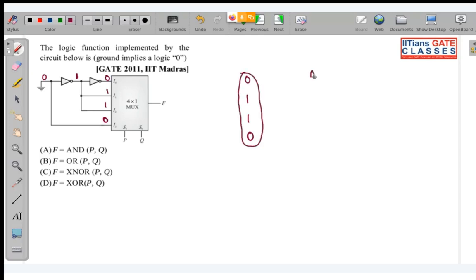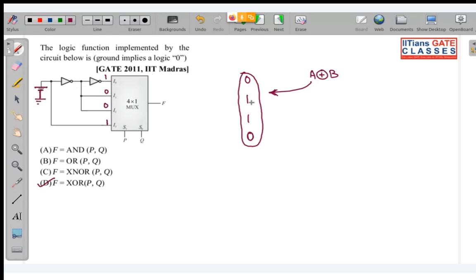Whenever we have A XOR B, the output of the logic gate looks like this. So this is P XOR Q. Now similarly, if this was 1 0 0 1, meaning here this was connected to 5 volt, we would have got this only.